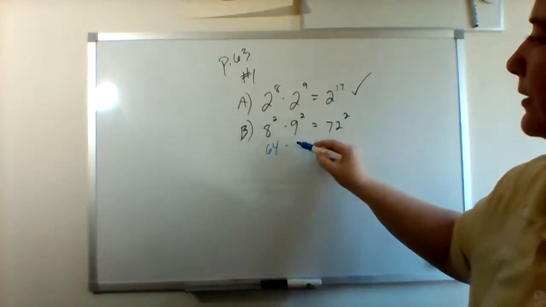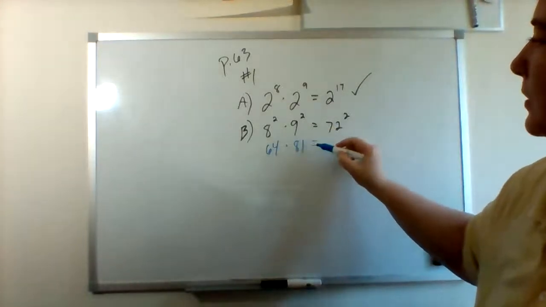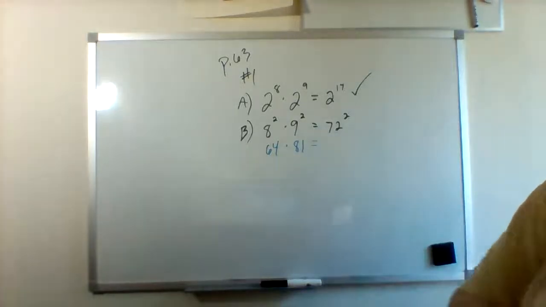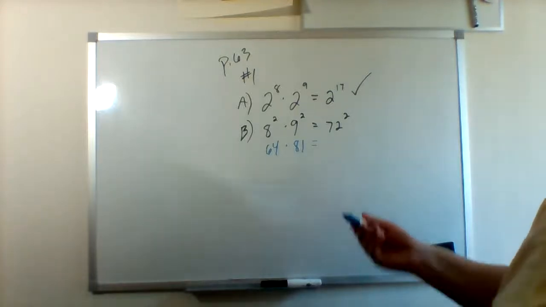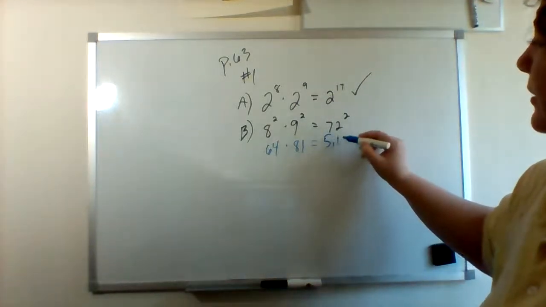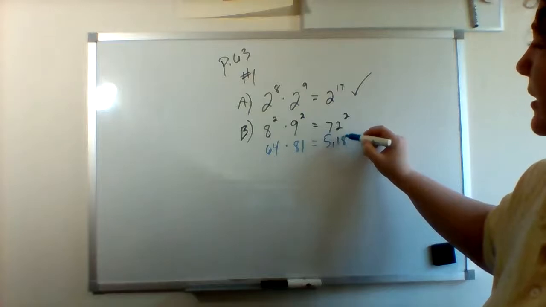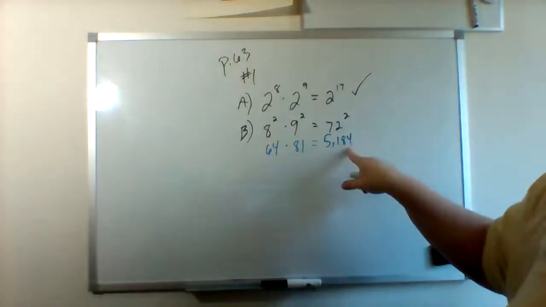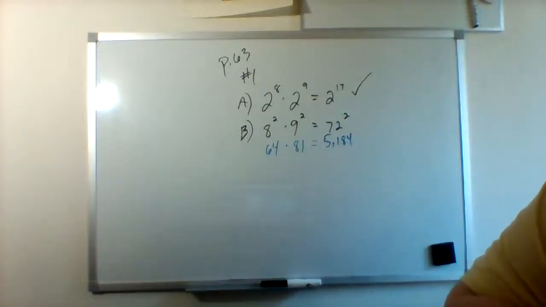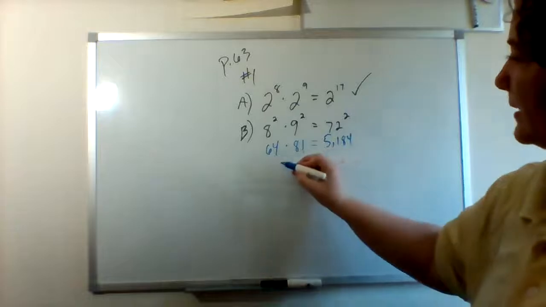What is 9 squared? It's 81. What is 72 squared? Correct me if I'm wrong, but I'm calculating 5,184. Let's test if 64 times 81 equals that. Yes.